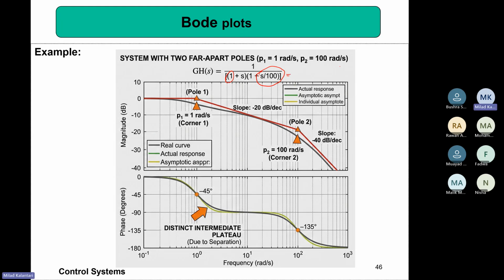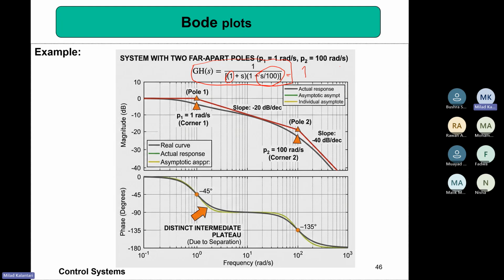What will G of s be when omega is very close to 0? You just put s equal to 0, right? It is 1.